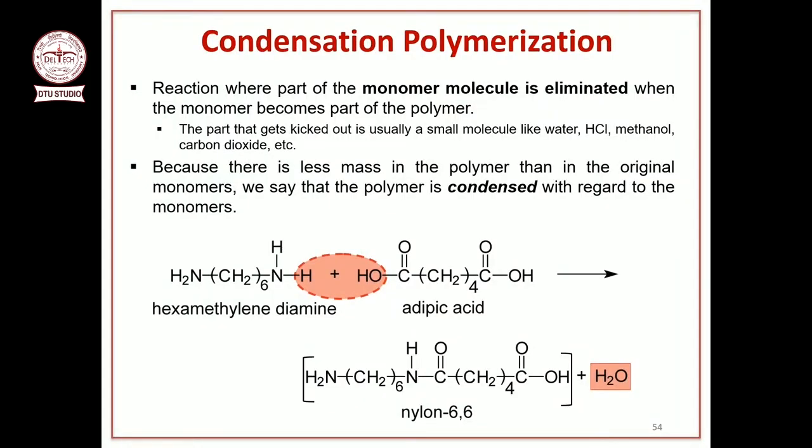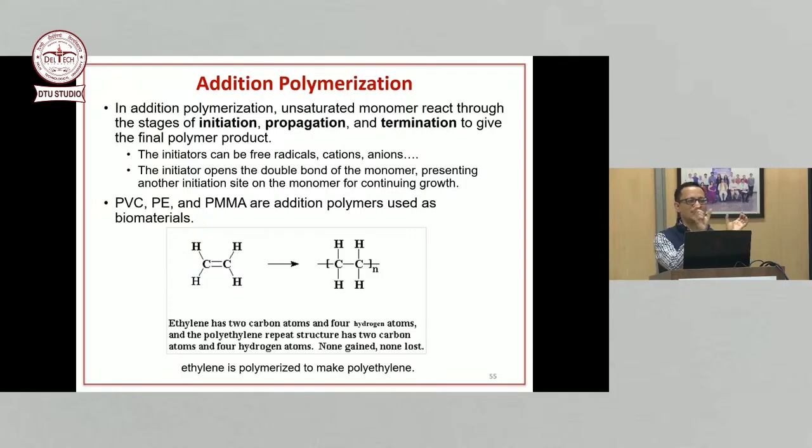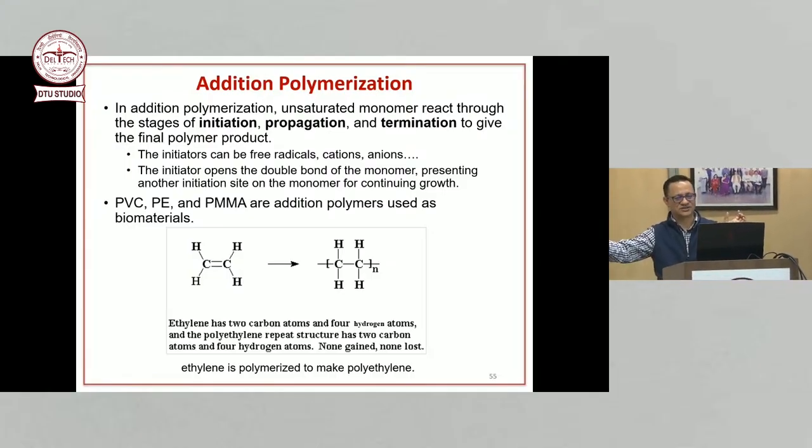I don't remember most of it now, but the two simple types of polymerization reaction are called addition polymerization and condensation polymerization. Addition polymerization is very simple. You can think of it like you have a polymer and more monomers are binding to it. You are adding monomers.